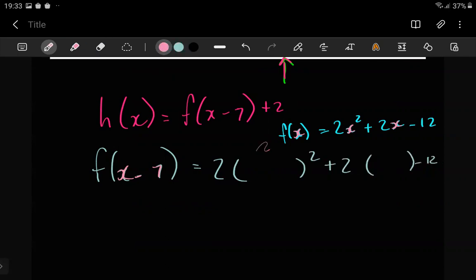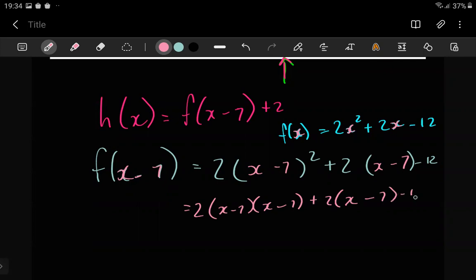In those brackets we drop an x minus 7, and an x minus 7 here as well. Meaning we're going to have 2 times (x minus 7) squared, plus 2 times (x minus 7), minus 12.